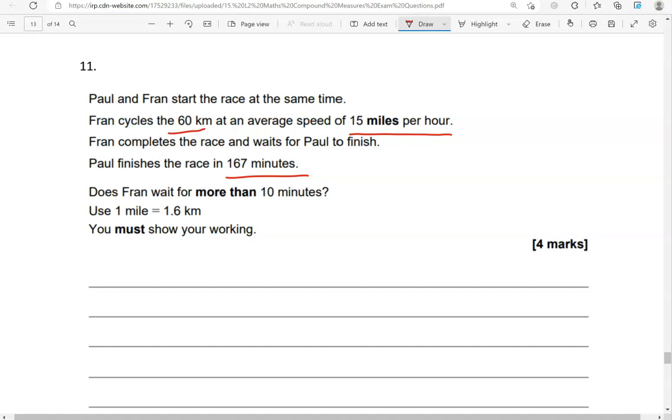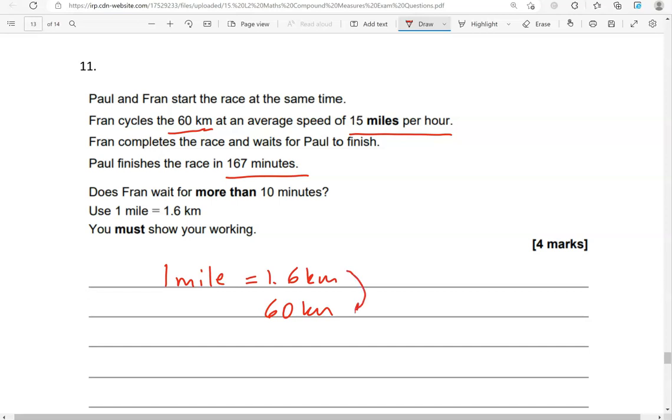We're given the distance in kilometers and the speed in miles per hour. So we need to either convert the distance or the speed, because they need to be in the same unit, either miles or kilometers. I'm going to convert the kilometers into miles. So 1 mile is equal to 1.6 kilometers. What about 60 kilometers? What's that equal to in miles?